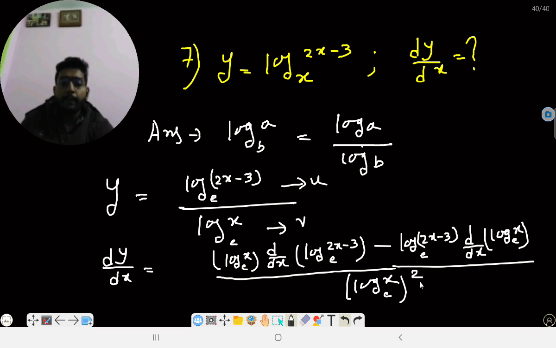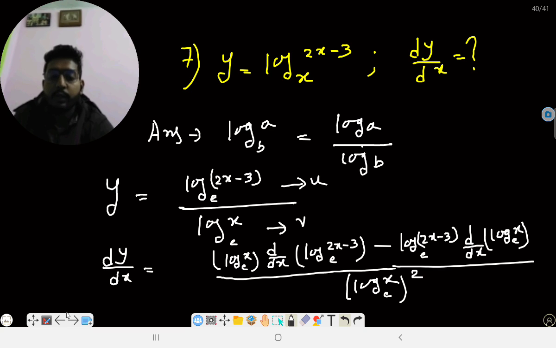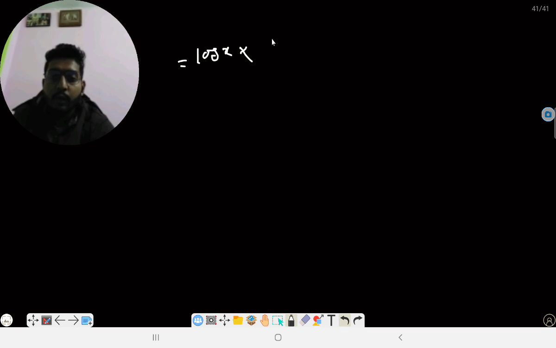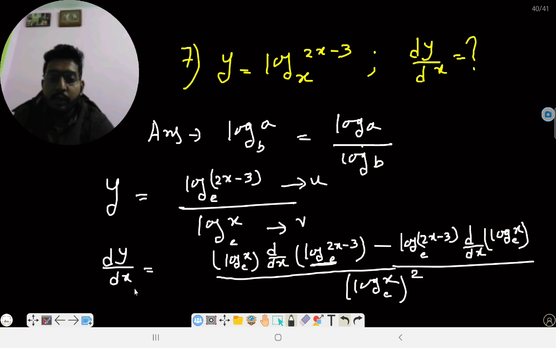Then now use the formula here, so that will be log x into differentiation of log 2x minus 3. So the differential of log is, we know, 1 by x, that means differentiation of that one will be 1 by 2x minus 3 into the chain rule. Chain rule means you have to differentiate that one also, 2x minus 3.